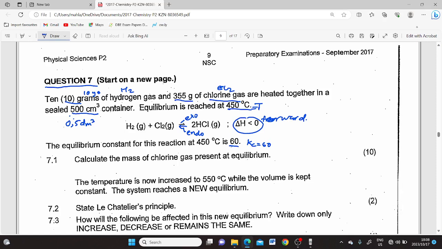Right, calculate the mass of the chlorine gas present at equilibrium. So the mass of the chlorine gas present at the equilibrium.